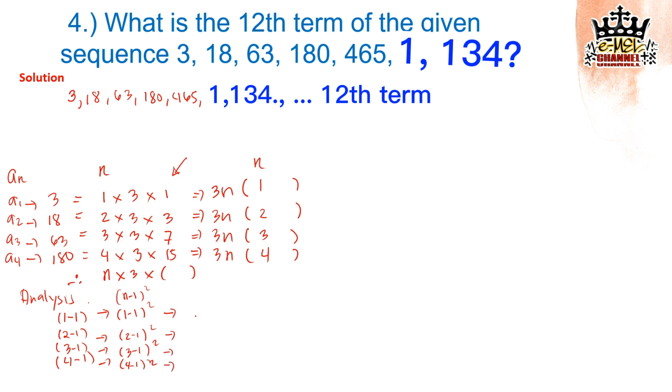Therefore we're going to sort it out. Then let's say remove the squaring, then let's go back to n minus 1 times n. 1 minus 1, 2 minus 1, 3 minus 1, 4 minus 1 times n. 1, 2, 3, 4. Then let's do evaluation. Okay, so 1 minus 1 is 0 times 1.